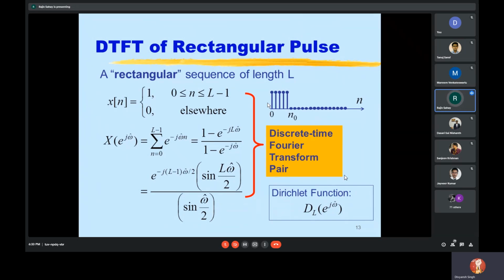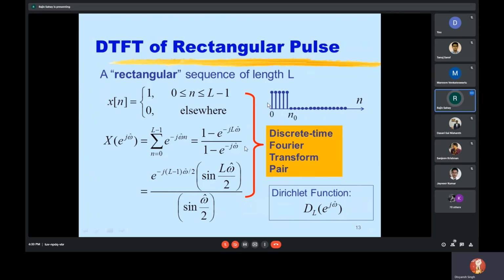To start that, let us look at the rectangular sequence of length L. So n goes from 0 to L minus 1, and there it is 1, otherwise it is 0. So you will be summing from 0 to L minus 1 of e power minus j omega n. So that turns out to be this formula, 1 minus a to the power n by 1 minus a.